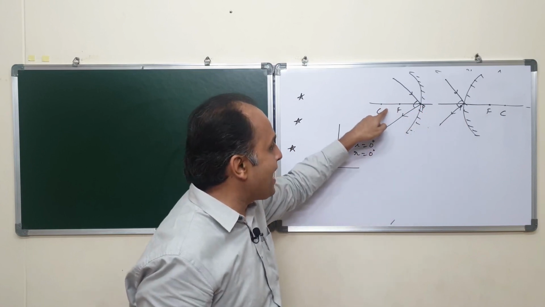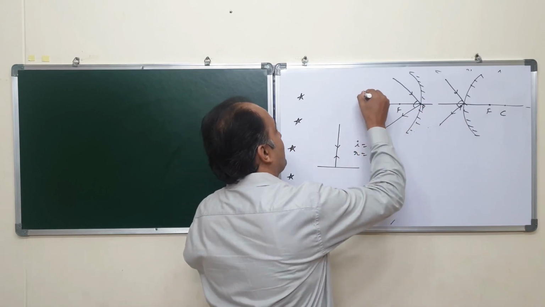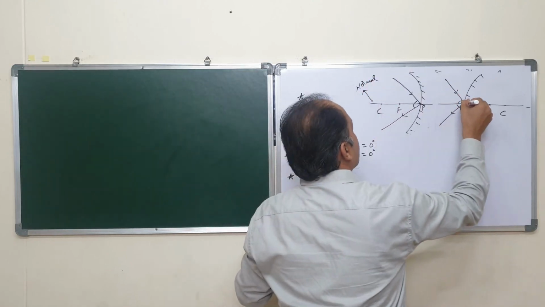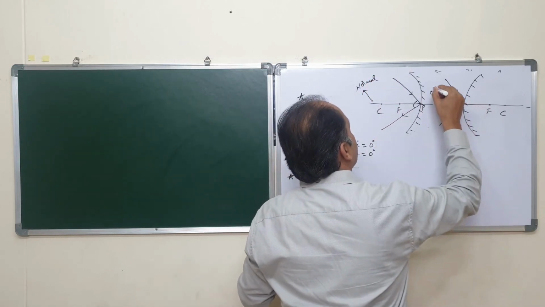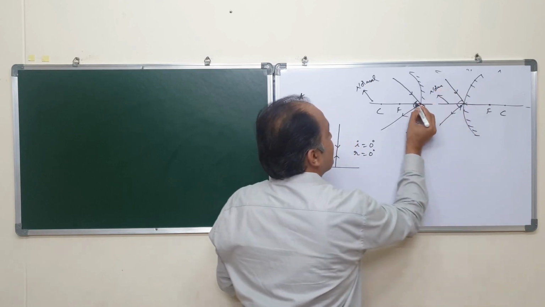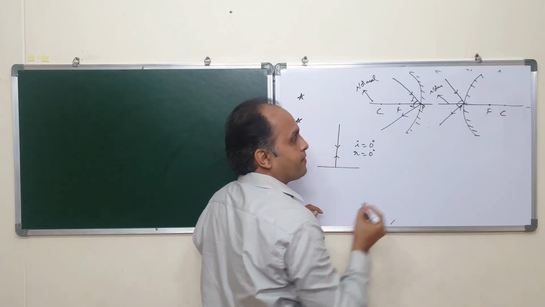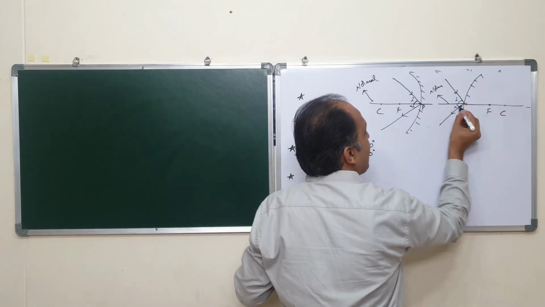So here principal axis acts as a normal. So then this angle would become angle of incidence and this angle would become angle of reflection.